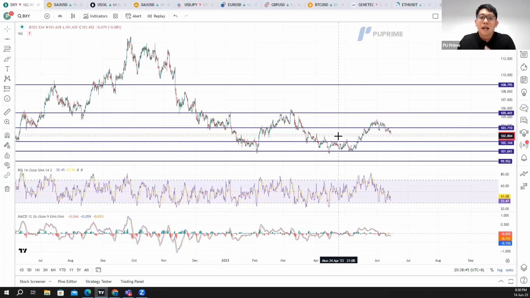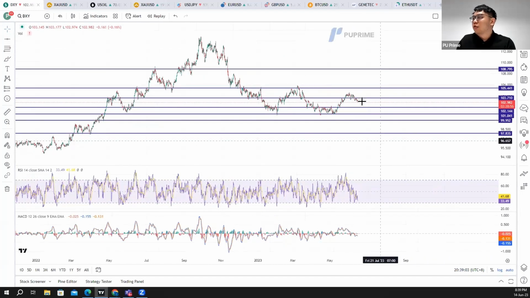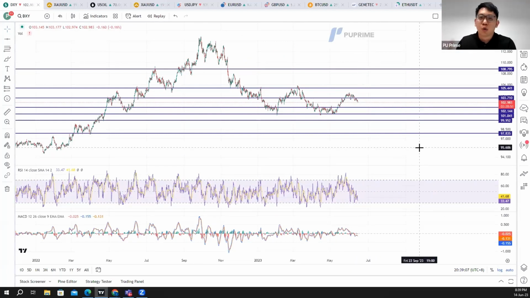And then maybe the market will expect the Fed to start cutting rates at the end of the year, maybe from September onward, something like this. And maybe we can open a position here. We can short the dollar, maybe until 96, let's say, for example, from 100 or 102 until 96. But how long it takes, we don't know. Maybe in a month, maybe in 3 months, maybe again in half a year.